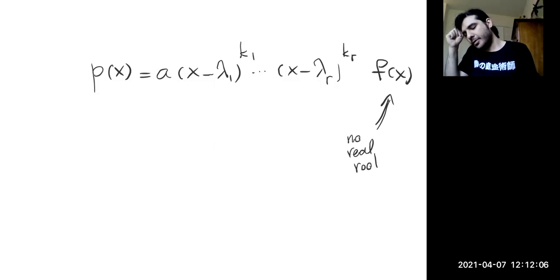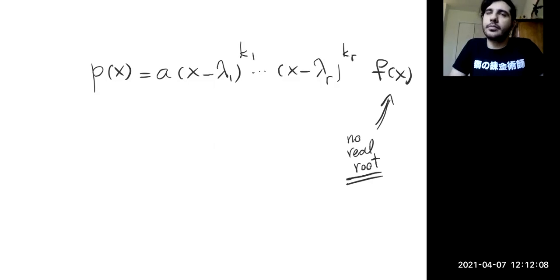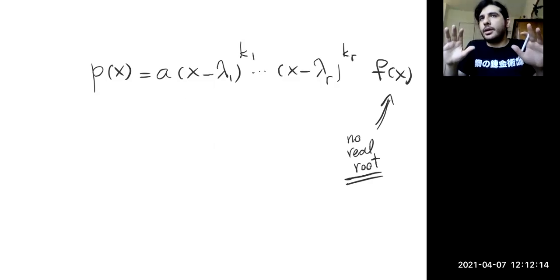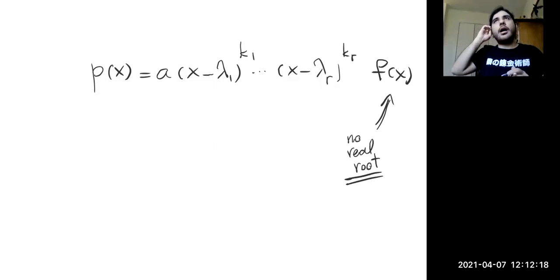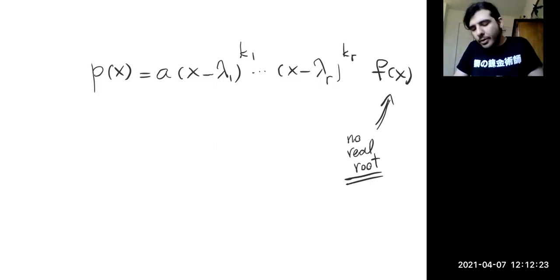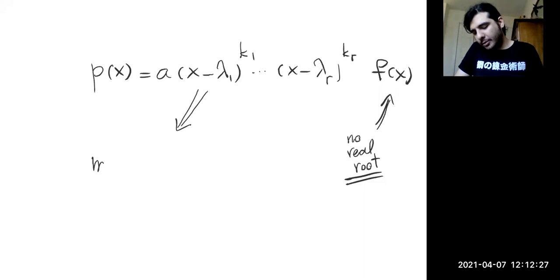Suppose we are working over R for a second, and the remaining part f of x has no real root. This lambda 1 up to lambda r are the roots of our polynomial. The point is that all of these would also appear in the minimal polynomial.